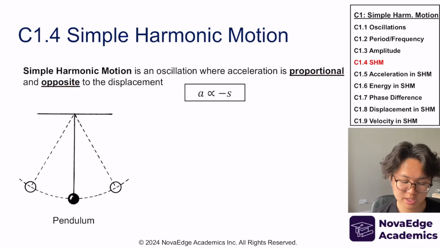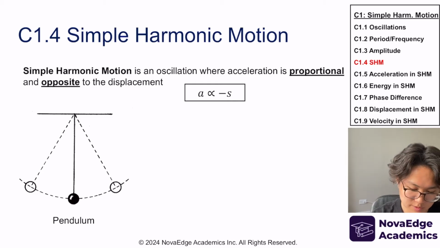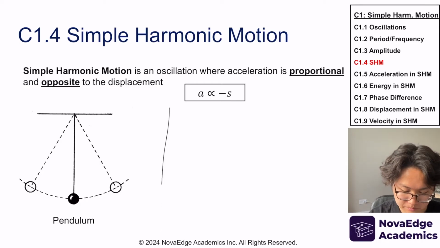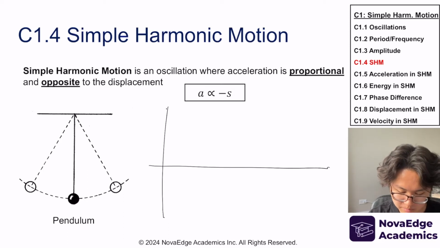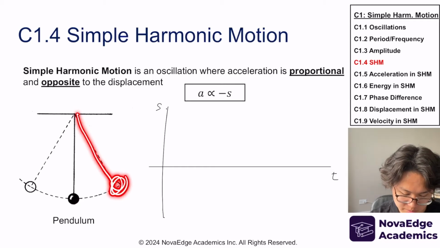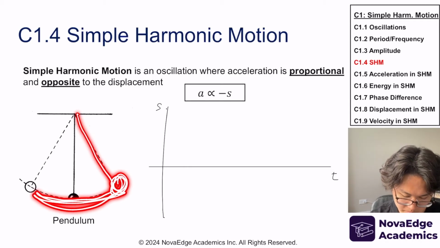Okay, well, what does that mean, you might ask? Well, let me show it to you. Suppose we have a pendulum system, and I want to graph the displacement versus time. So let's say I start from the max position and I oscillate back and forth.